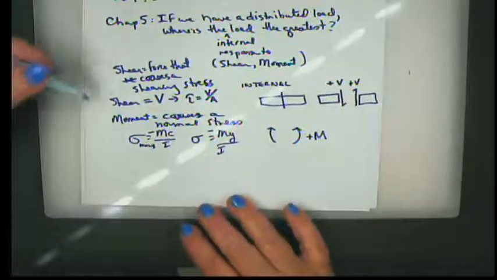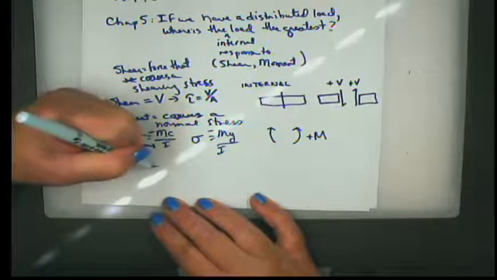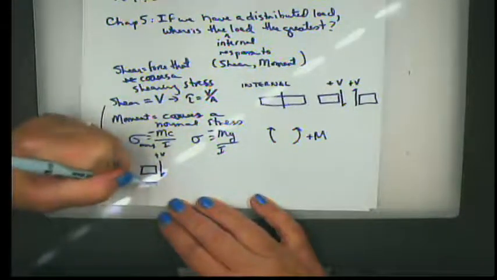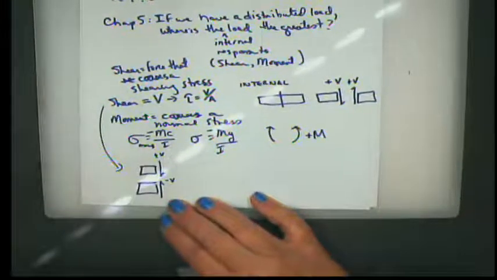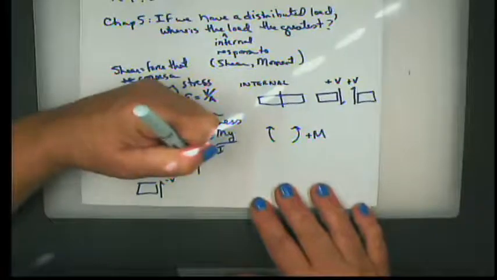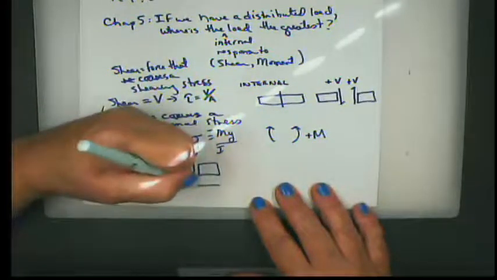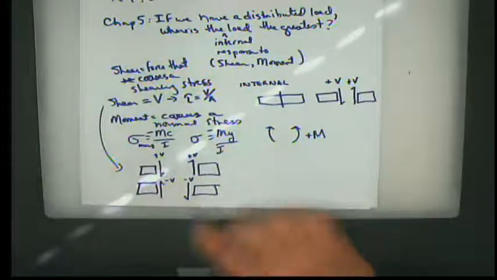So our sign convention for shear that we'll be using for the internal load is this is a positive shear, this is a negative shear, this is a positive shear, and this is a negative shear.